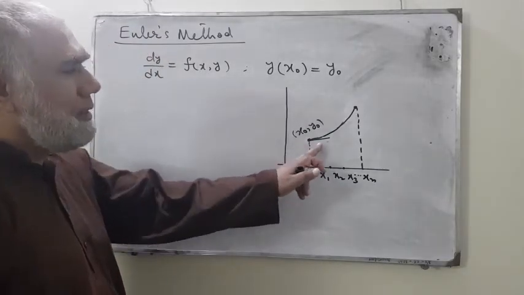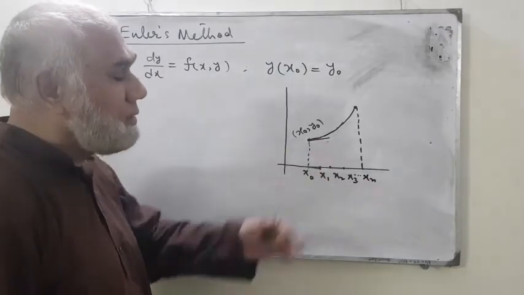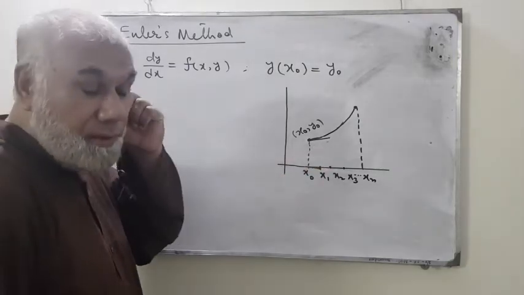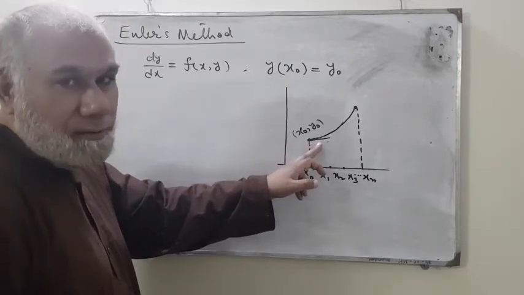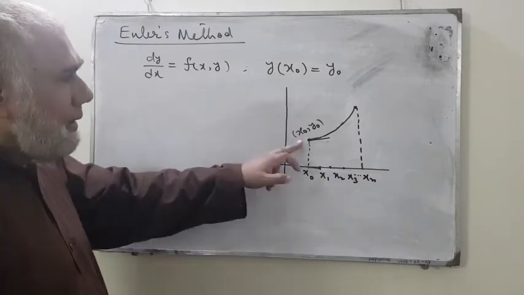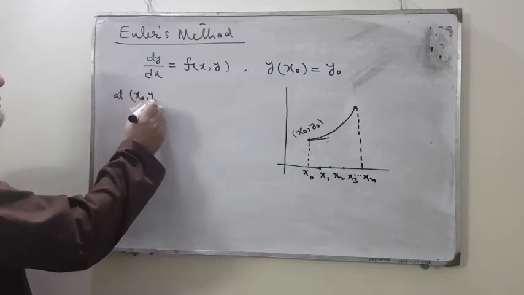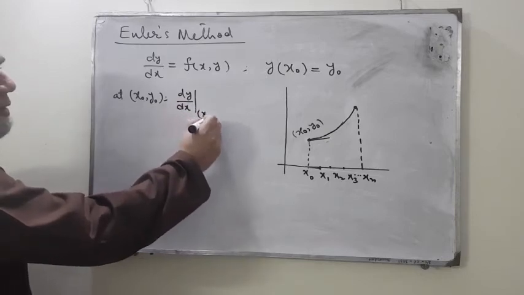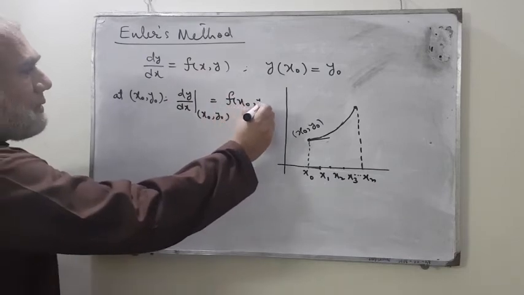In order to write the equation of this tangent line, because this is a straight line, we know that to write the equation of a straight line we require two pieces of information, the slope and the point. The point is there. How can we find the slope? The slope can be obtained by using this differential equation. At the point x0, y0, dy over dx will be, according to the given differential equation, f(x0, y0).